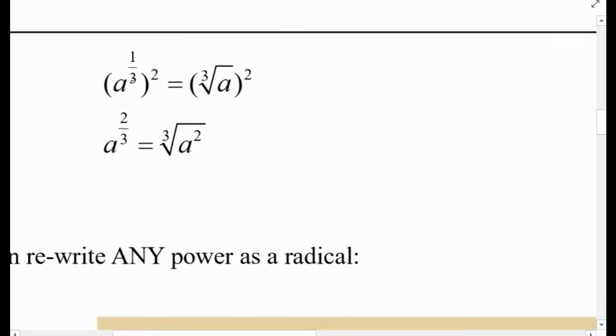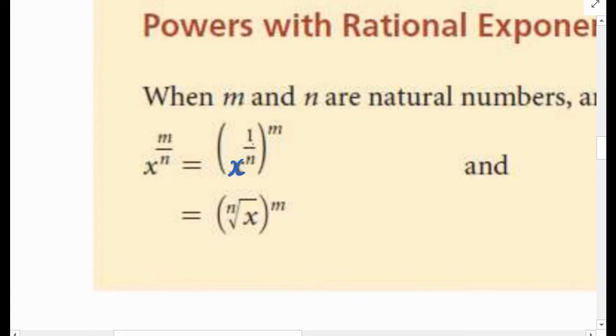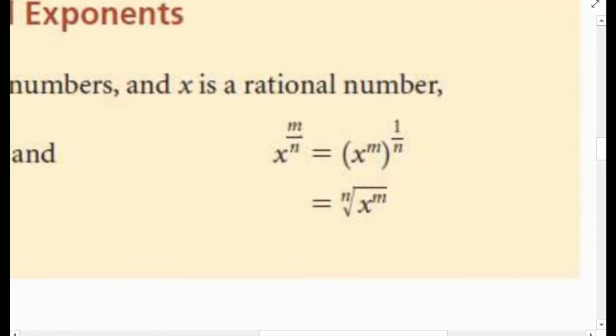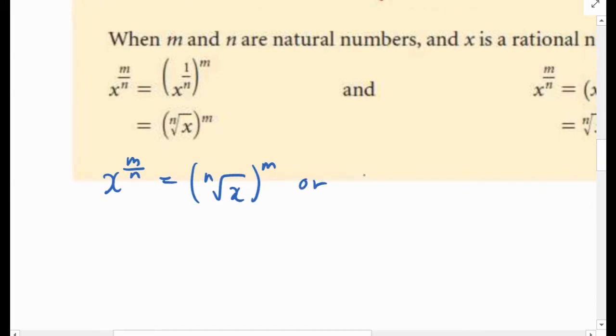Right? So in general, when you have x to the power of m over n, you can represent it as x to the power of 1 over n to the power of m. You can write it as the nth root of x, bracket m, or that is the same as nth root of x to the power of m. So there are two ways of representing it. So x to the power of m over n, you can represent using a radical, thus, or nth root of x to the power of m.